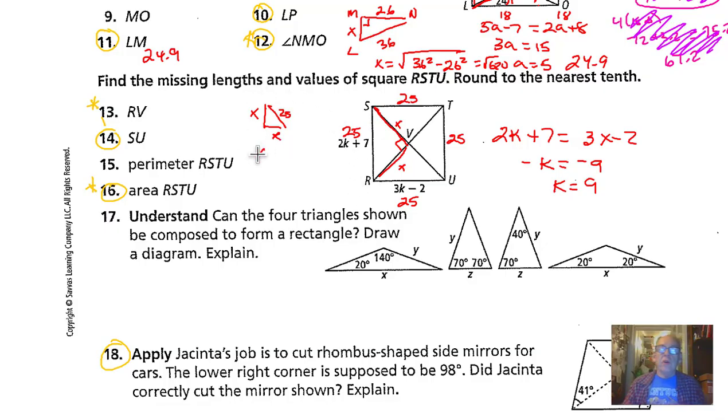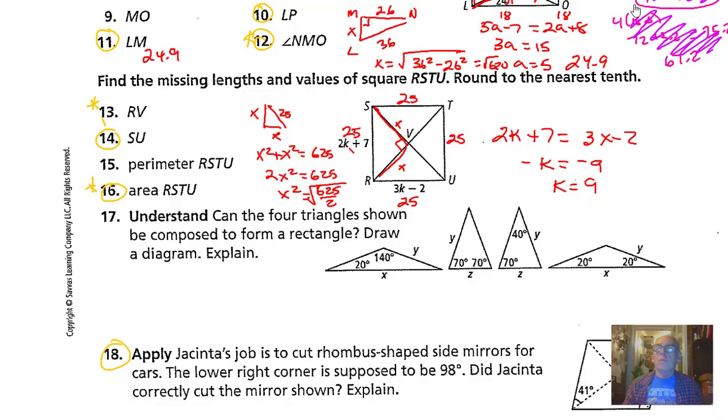So X squared plus X squared equals 25 squared, which is 625. We get 2x squared is equal to 625. Divide both sides by 2. X squared is going to be 625 divided by 2, and take the square root of that.